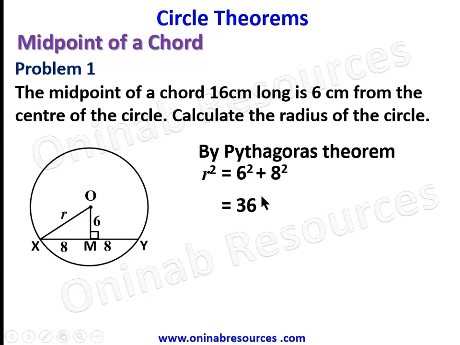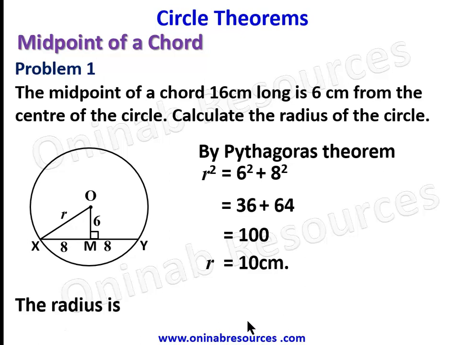That will give us 36 plus 64, which gives 100. R squared is 100, which means R is square root of 100, and square root of 100 is 10 centimeters. Therefore, the radius is 10 centimeters.